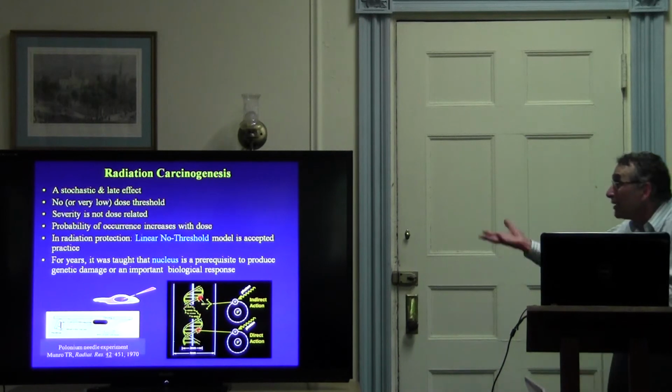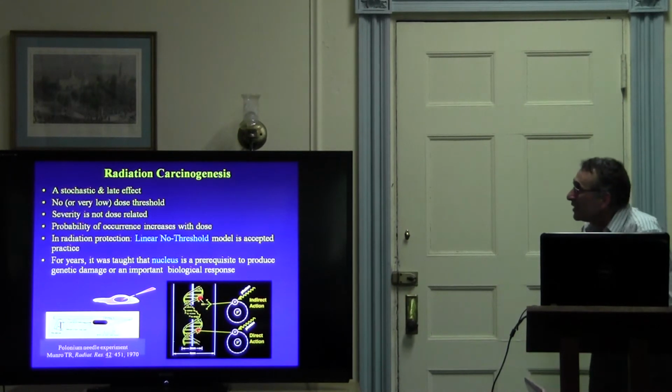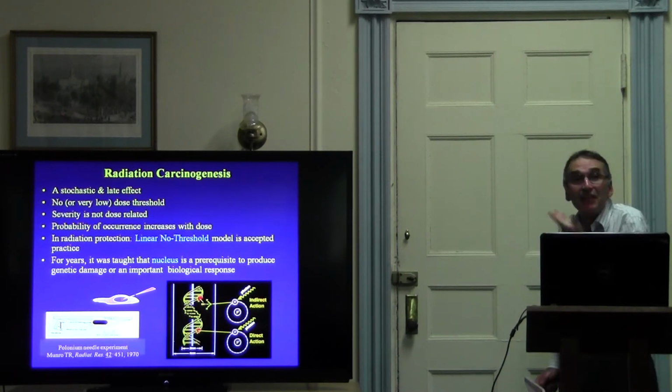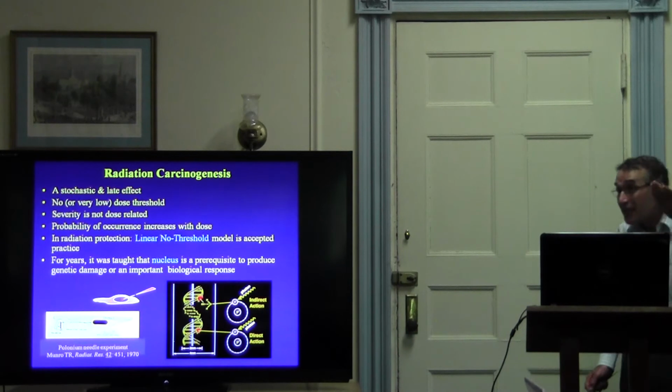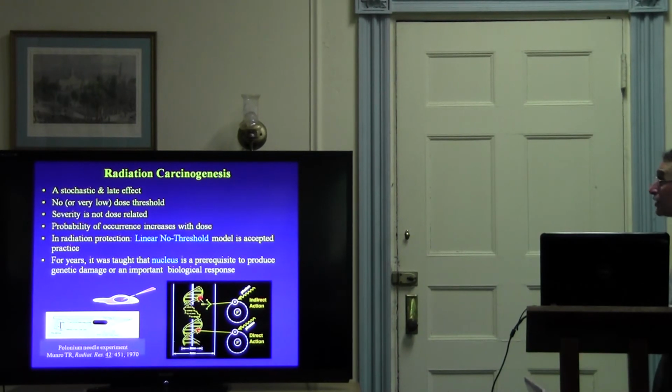And one of the main aspects that concern us very much is radiation carcinogenesis. And of course, cancer, as we know, is a stochastic effect. It's a late effect, appearing 5 years to 40 years after exposure to radiation.